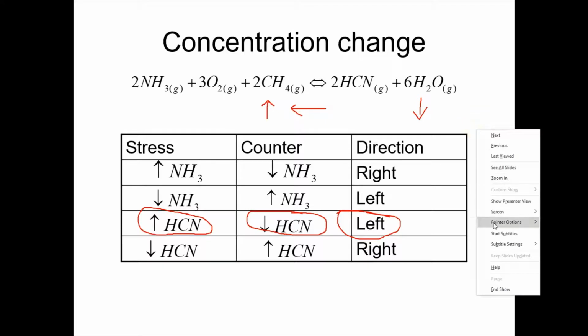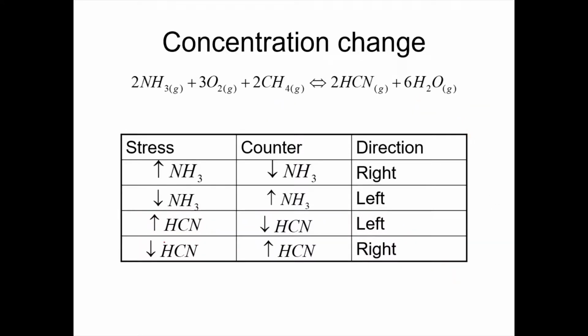Now, what happens as I erase over here? When you decrease the amount of HCN, once again, once you get the stress, the reaction wants to counter that stress. And so it increases the amount of HCN. This is the opposite. How do you increase the amount of HCN? You got to go toward HCN.